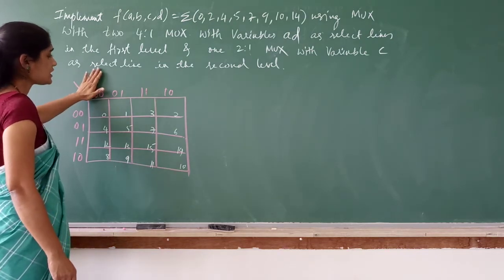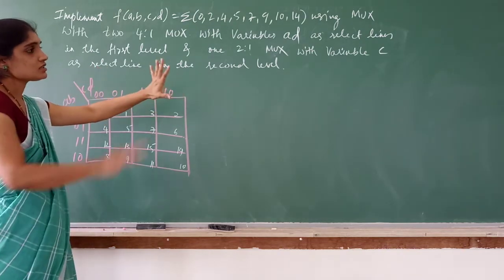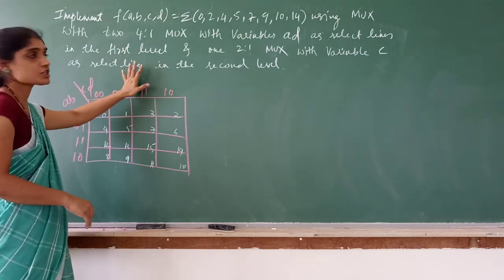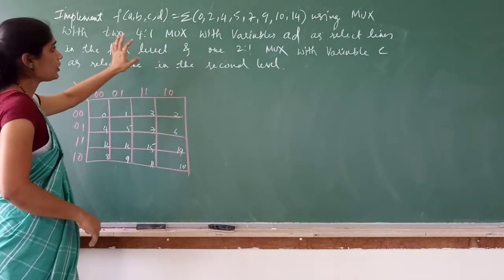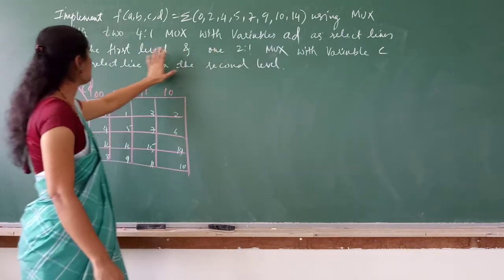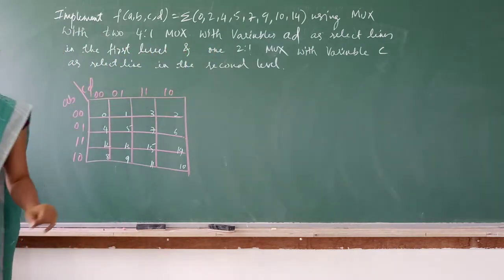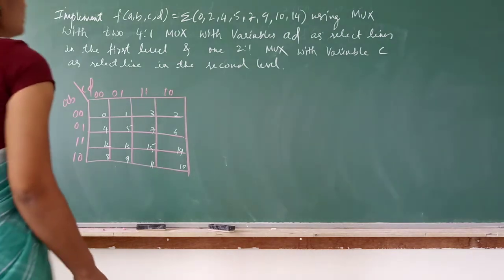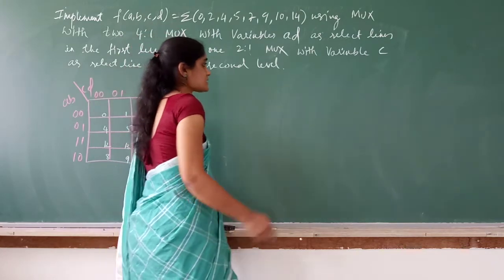Let us read out the question and write the structure, the diagram to implement this function. So what is given? This function using multiplexer with 2, 4:1 mux. Correct? Okay. 2, 4:1 mux with variables AD as select lines.